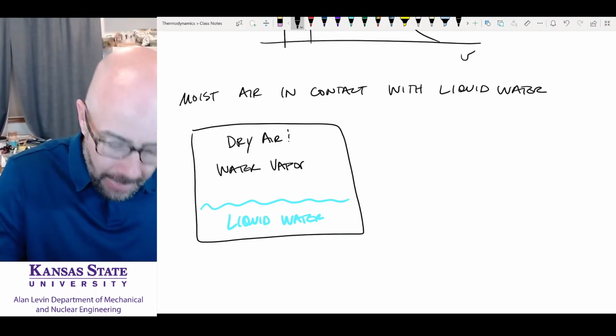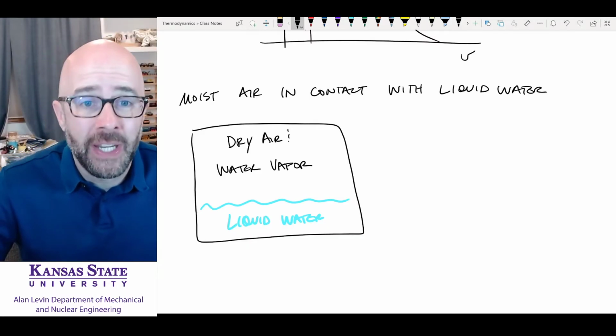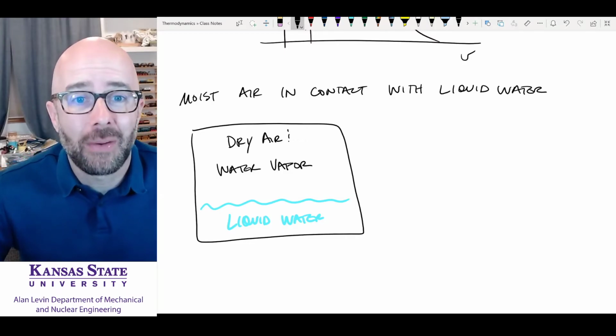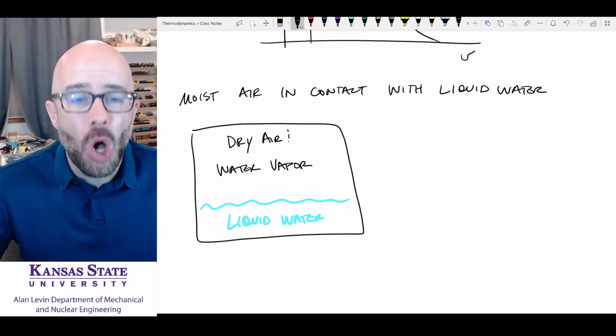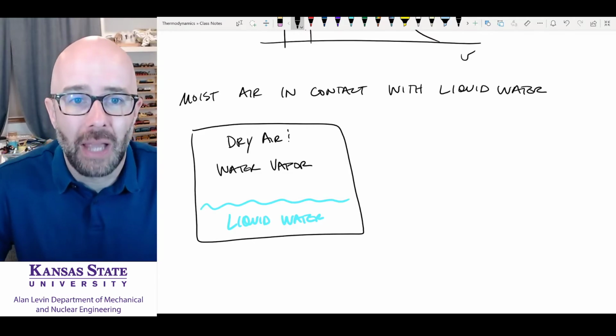Now remember, dry air and water vapor, they're like a sponge. And this sponge is greedy. It wants to be saturated. What dry air and water vapor long to do is just be saturated. That's what it would like to do.